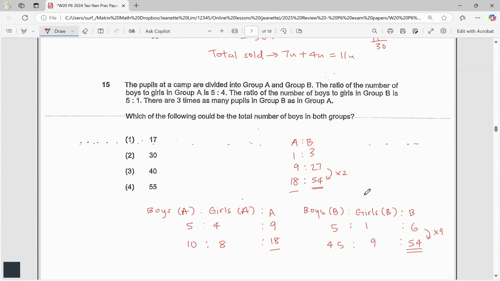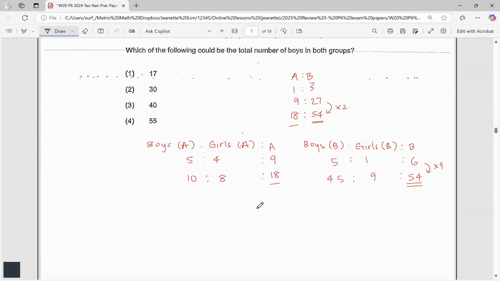So these numbers are like the lowest possible numbers that can be the actual number, okay? So what's the total number of boys in both groups? I can just take 10 plus 45 because this is the lowest possible number. One of the possible answers could be 55 or anything that is a multiple of 55.